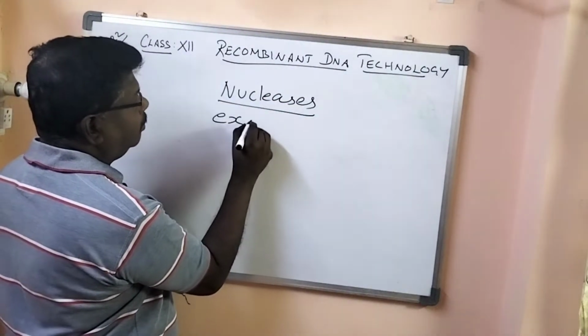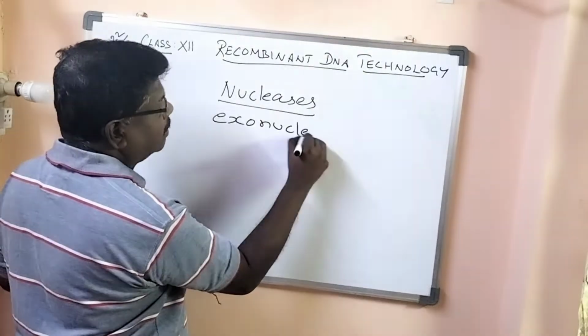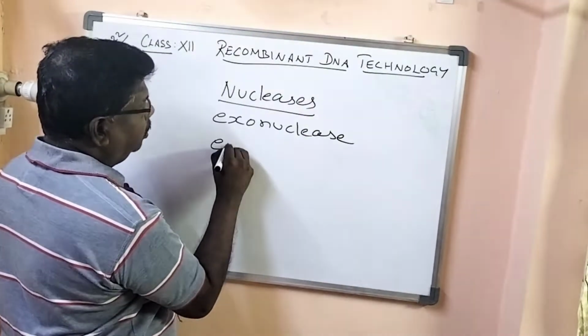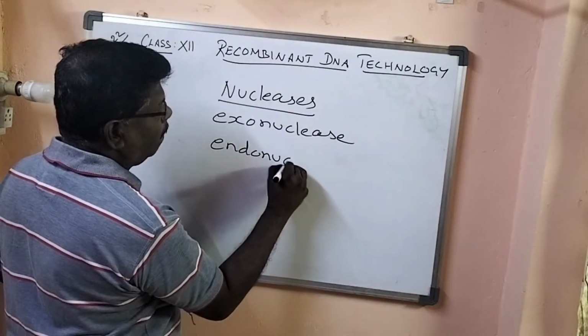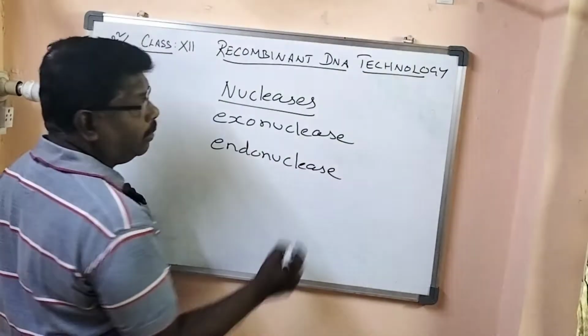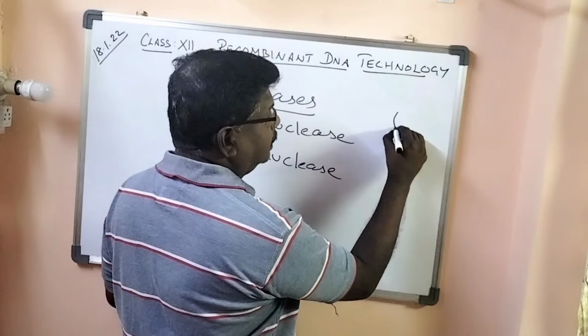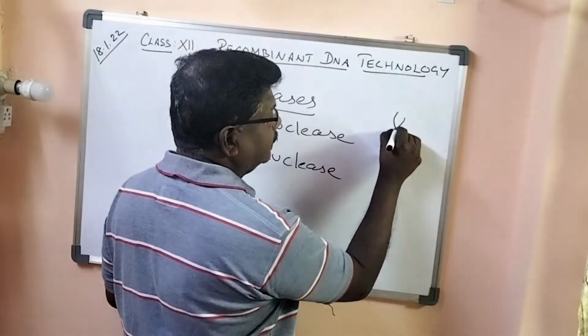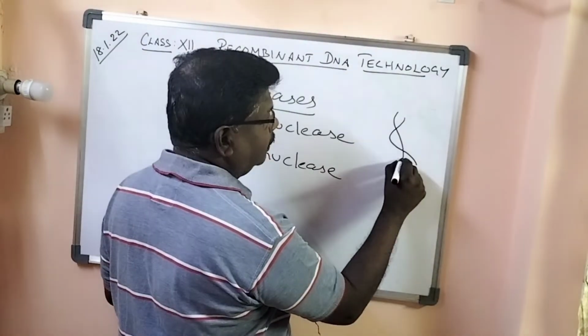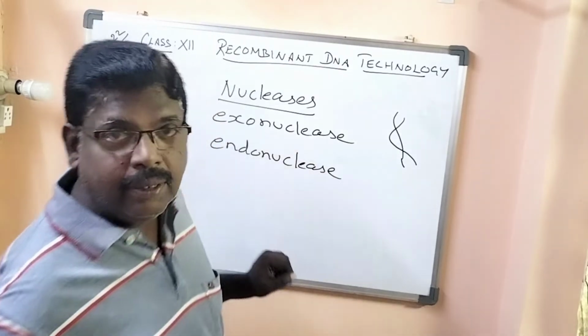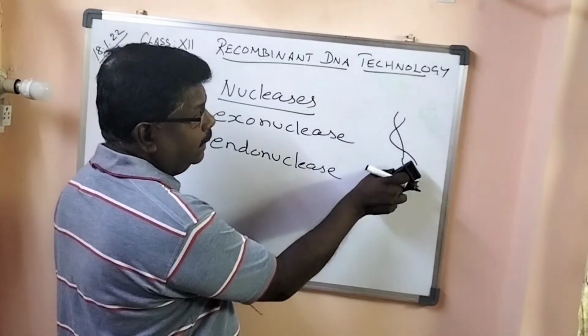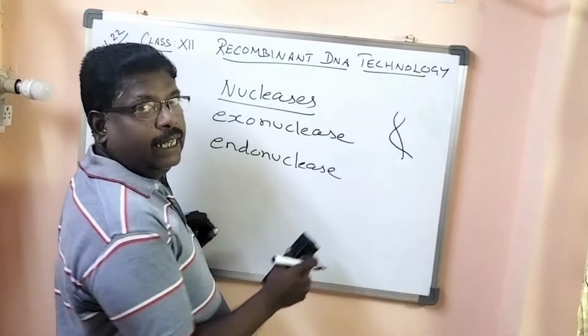We have exonuclease and endonuclease. Exonuclease will cut DNA at the ends. Supposing this is the enzyme, these enzymes will cut DNA at the ends like this.